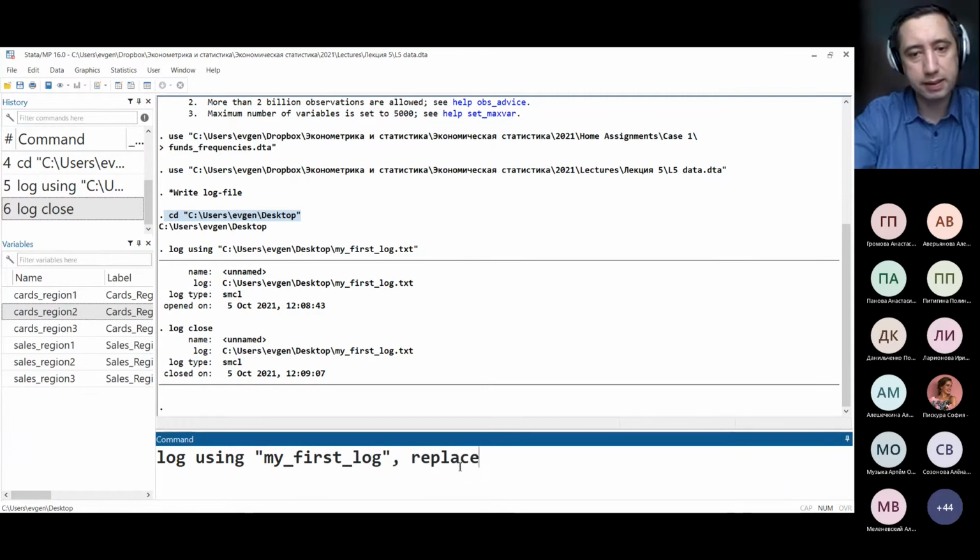Replace means we use replace if you want to replace the existing file. And use another option, t. What does t mean? T means text. I want to open my log file in my notepad. I don't want to use Stata to open my log file. To do this, I should use the t option.